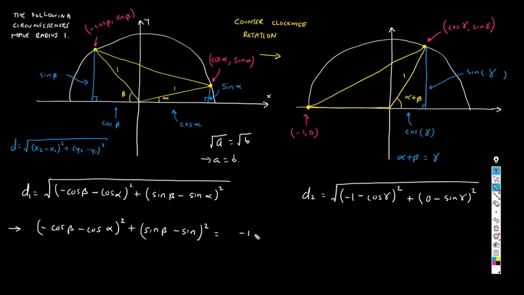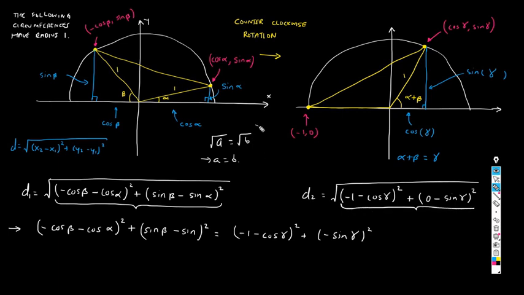It's equal to all of this. I'm going to dispense of this 0 and just write minus sine of gamma squared. Okay, so we are in here. Basically what I wrote is that all of this is equal to all of this according to this property. Okay, and that's my work, up until this point.